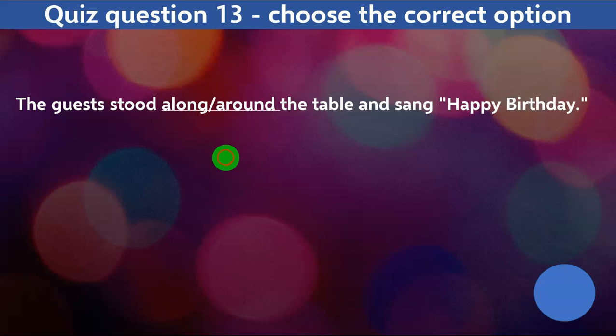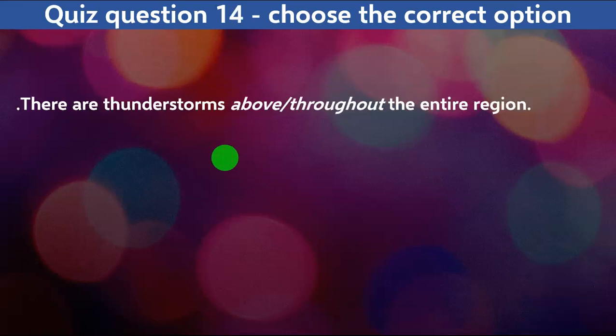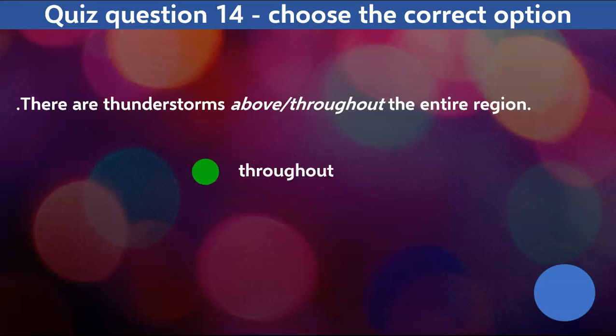Alright, number 14, and I think this should be the last one. There are thunderstorms above or throughout the entire region. All right, there are thunderstorms throughout the entire region. Okay, that's the correct answer.